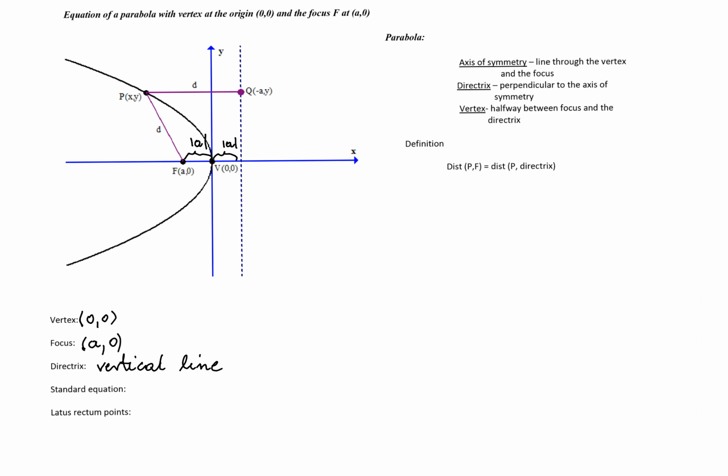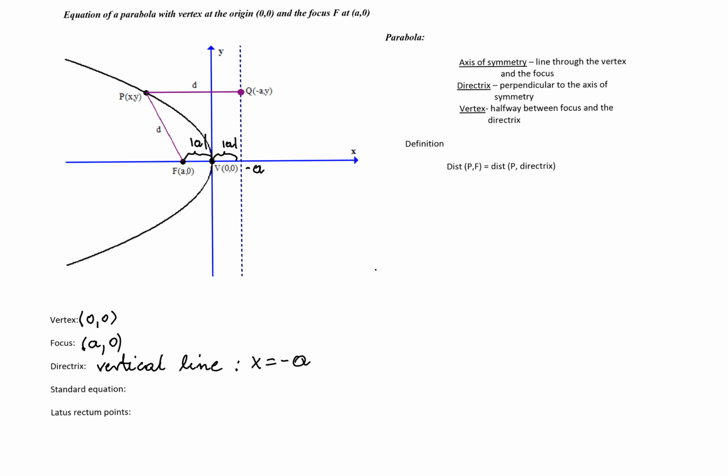And the point through which that vertical line goes has coordinates (-a, 0). Remember, a is negative in our situation, so -a is a positive number. And therefore the equation of the directrix is x = -a.